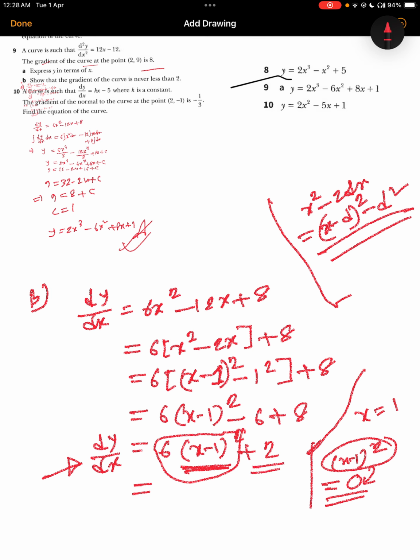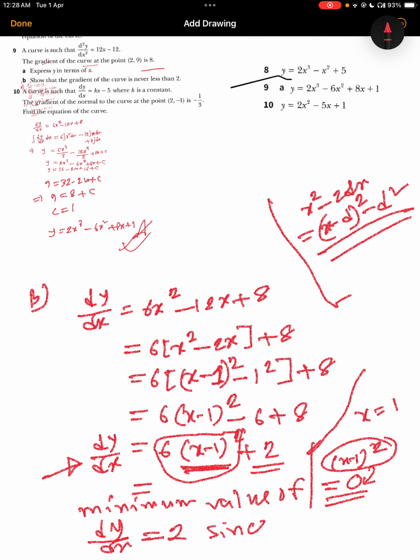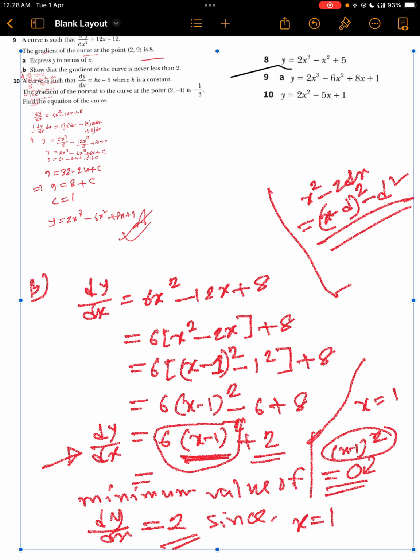So the minimum value of dy/dx is 2, when x is equal to 1. The value must be 2 or more, but never less than 2.